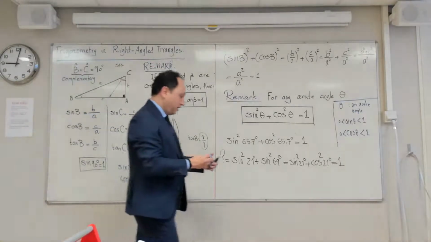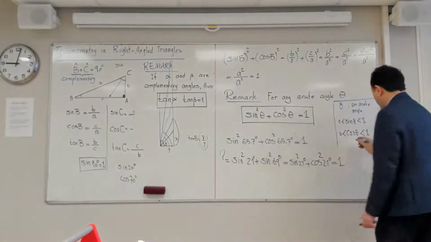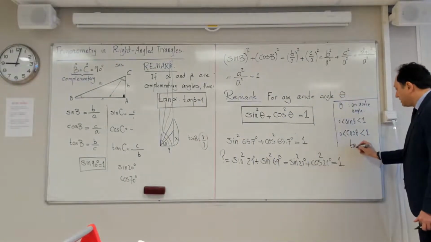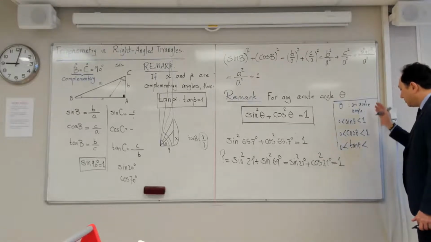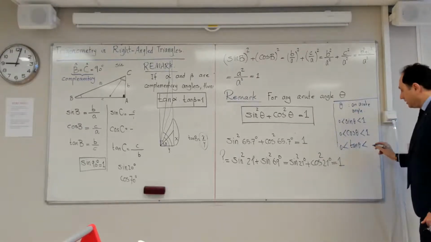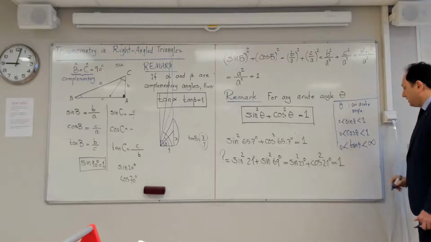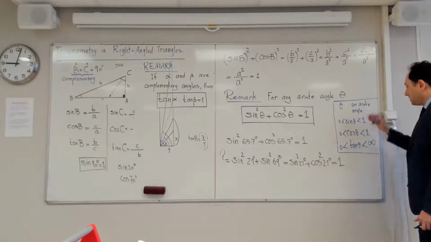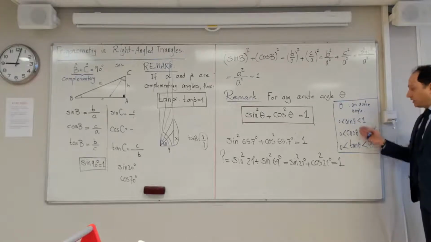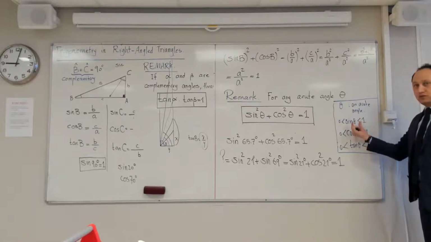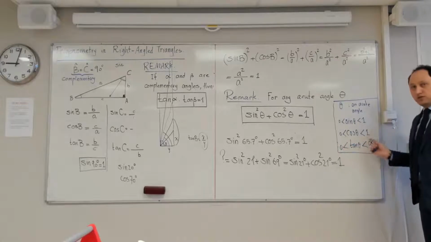So if I want to add something to my list, I would say that tangent theta is greater than 0, but there is no upper bound for it. So usually people write infinity. So you see there is a big difference between sine and cosine and tangent. Sine and cosine are limited between 0 and 1, but tangent is between 0 and infinity.